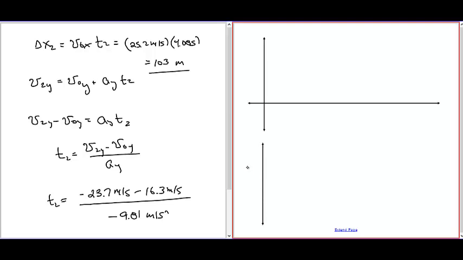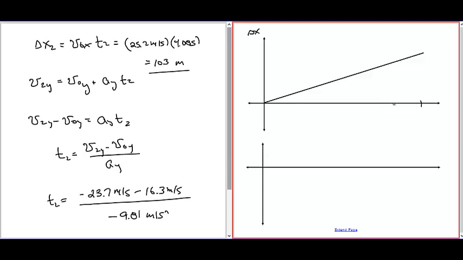That's just a linear relationship, just a straight line. So here at the final time, which was 4.08 seconds, if we go up here to this point and go over there, that is 103 meters.